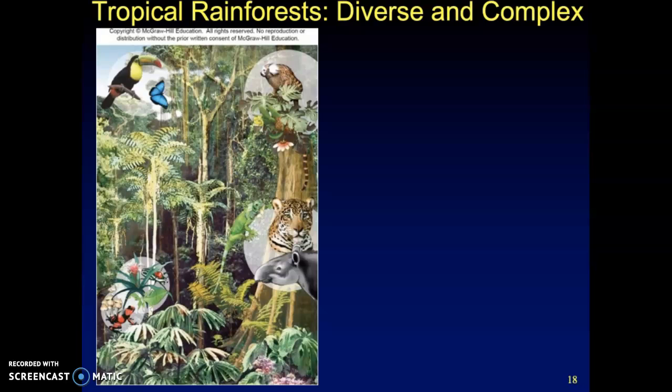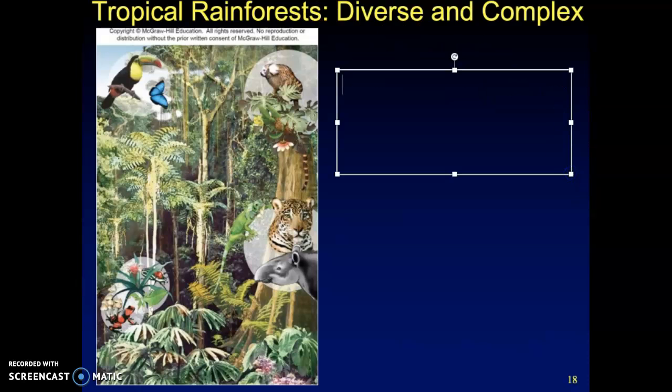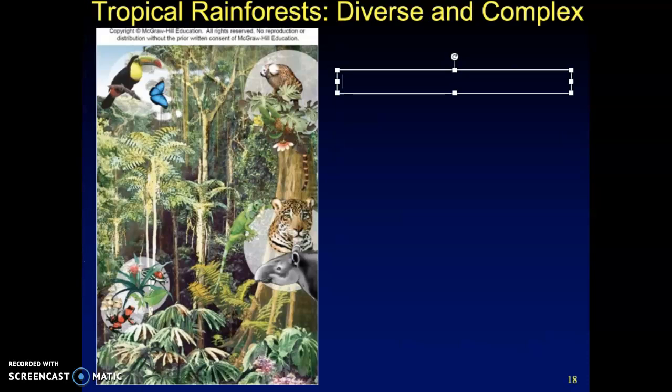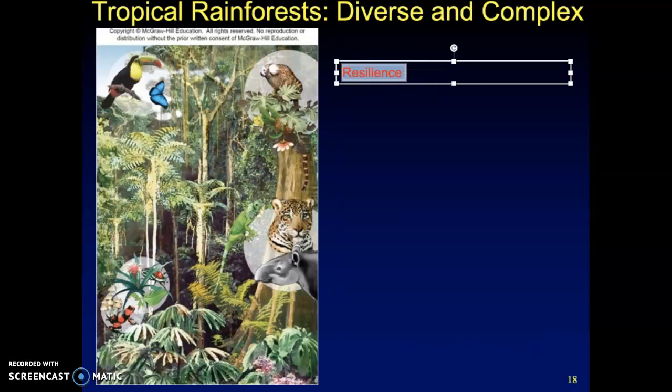What we hope for is that diverse and complex communities have this thing called resilience. So resilience, we want resilience and stability within a community. This means they can resist disturbance.